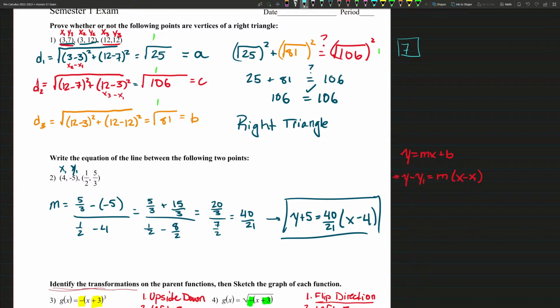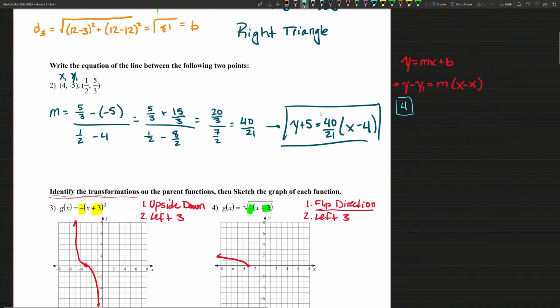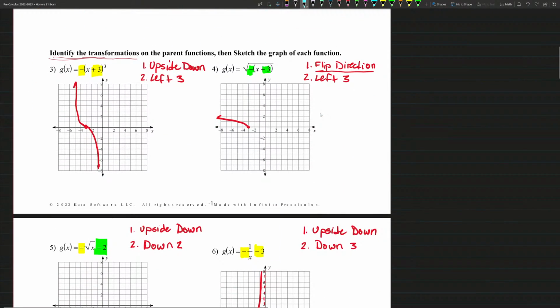Number 2, the line equation, that's going to be worth 4. The transformation problems are each going to be worth 4. So 4 apiece, so 16.